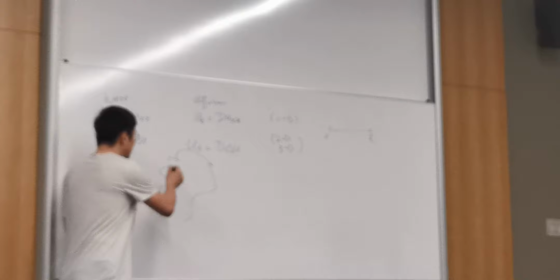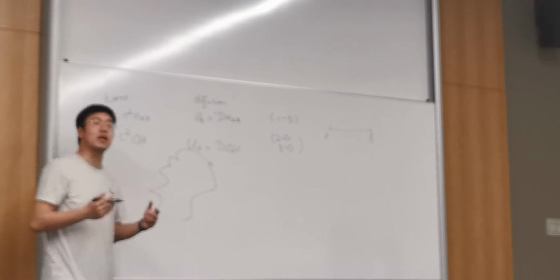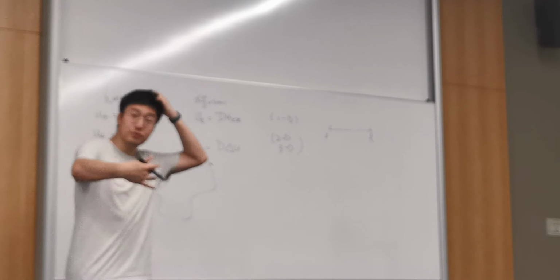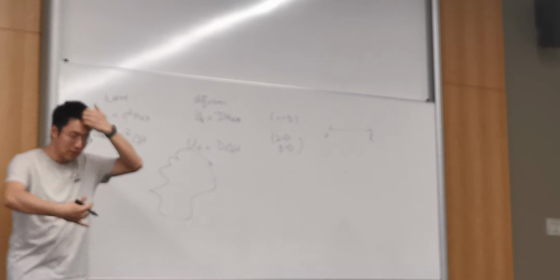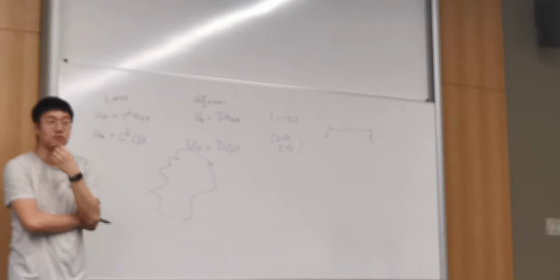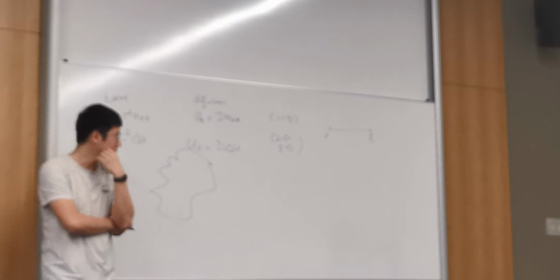Let's say I'm studying the wave of water in a dam. Nobody says that the shape of the dam is a perfect circle or a perfect square. It can literally be anything.